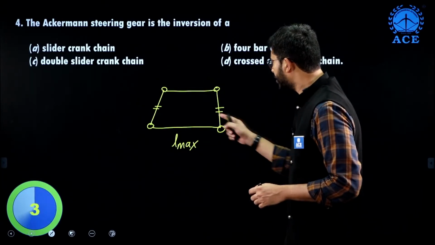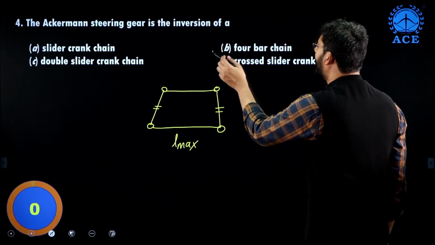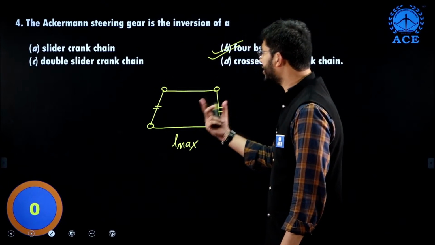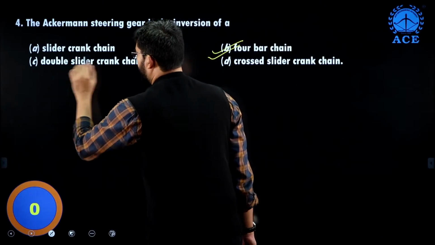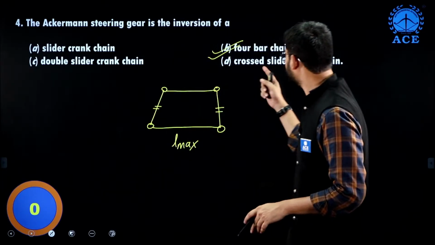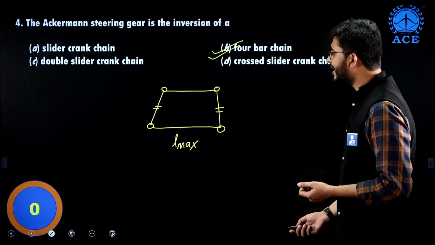So this is a combination of 4-bar mechanism, or an inversion of 4-bar mechanism, I should say. The crank slider chain is not a correct answer. Double slider as well as crossed slider are out of the context. So option B is the answer.